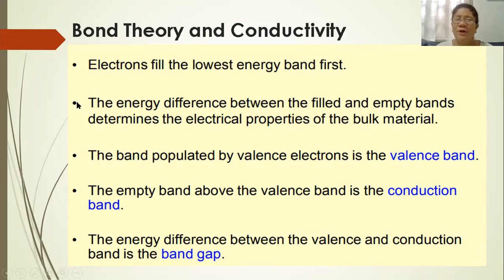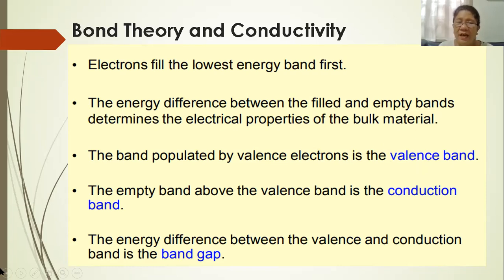Okay. So the energy difference between filled and empty bands determines the electrical properties of bulk materials. The band populated by valence electrons is called the valence band. The electrons added will be added into the valence band.